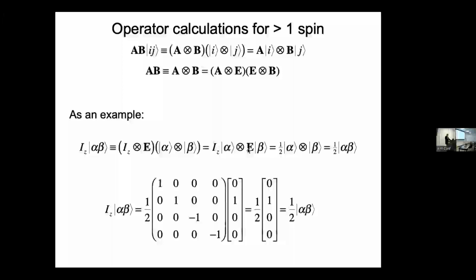The identity operator for the S spin only acts on the ket for the S spin, and the identity gives back beta, and their direct product is the alpha beta ket, and I have just picked up this factor of 1/2. Very quickly you stop writing these things out. You just recognize IZ only acts on alpha, that gives back 1/2 alpha. There are no S spin operators, that's the identity, so nothing happens to the beta spin, and you write this down directly. And if I take the matrices and write them out and do the multiplication, I get the same result.